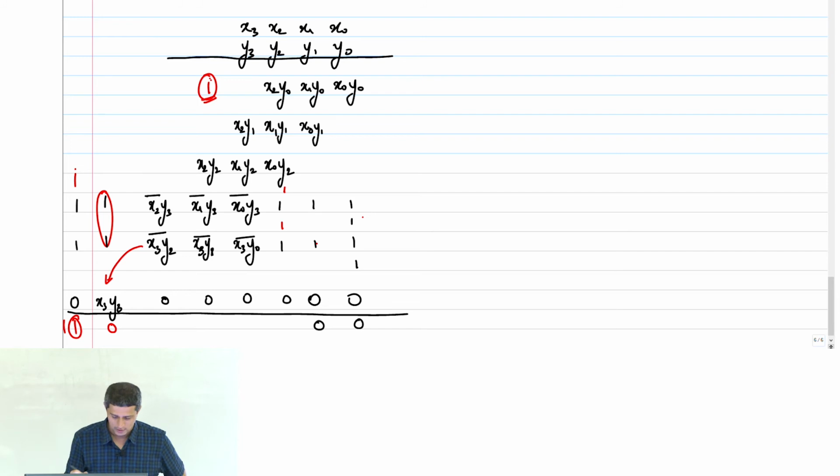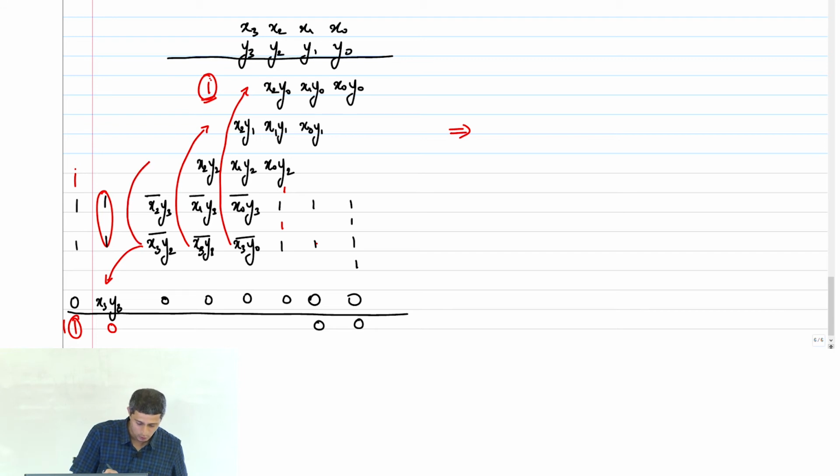Sure, okay. So, let me write this a little differently now. I am going to write this a little differently where x3, y0, I will put it back here. x3, y1 bar, I will put it here.